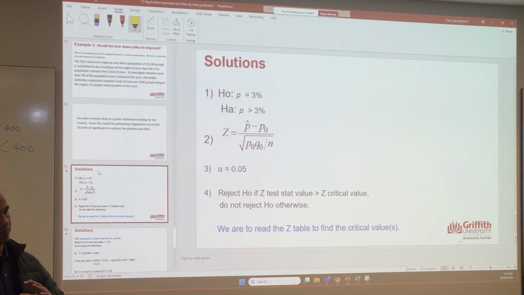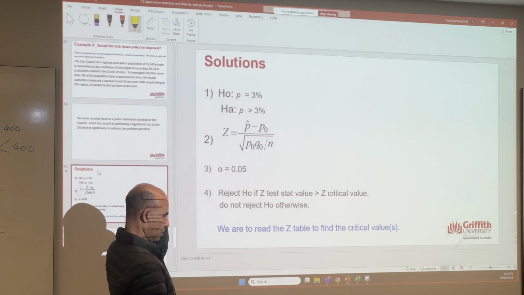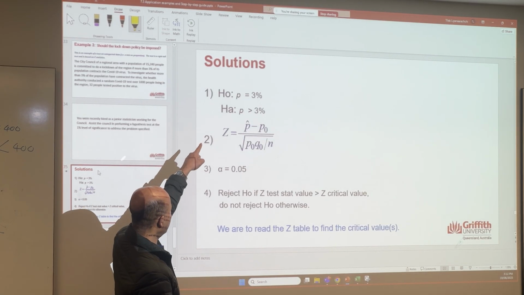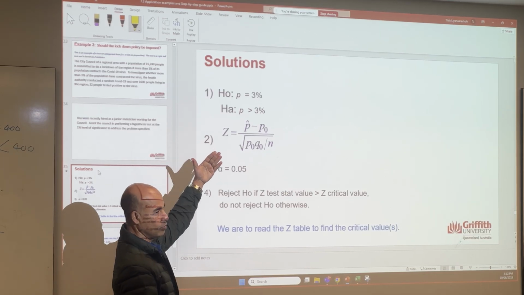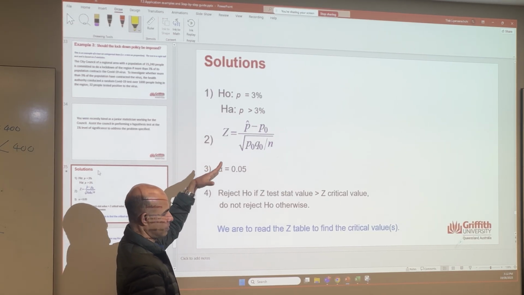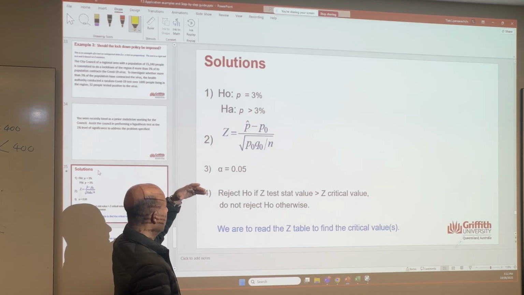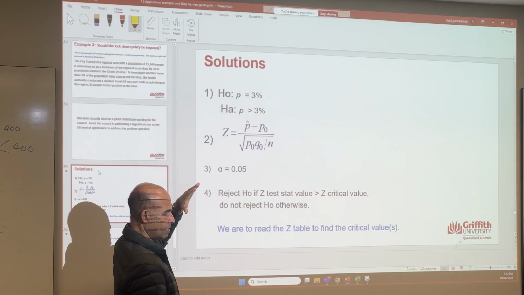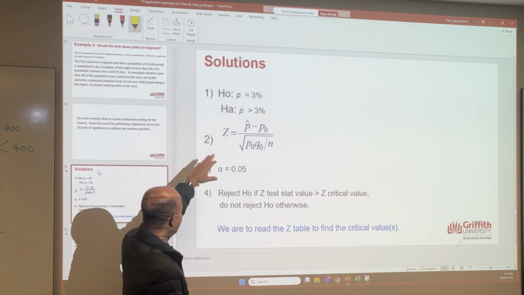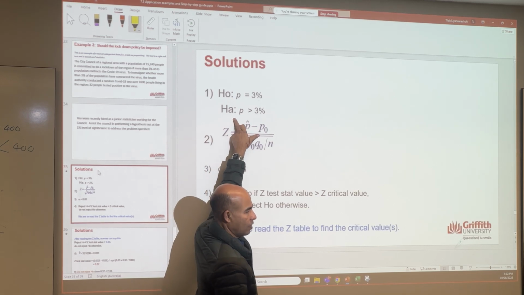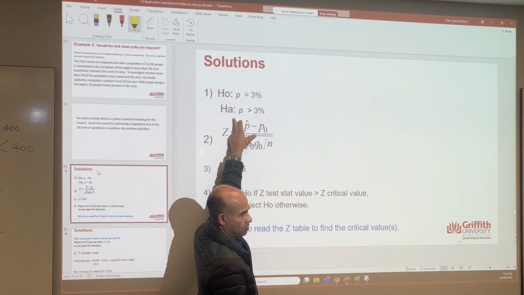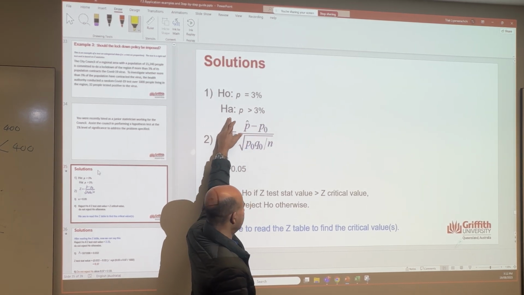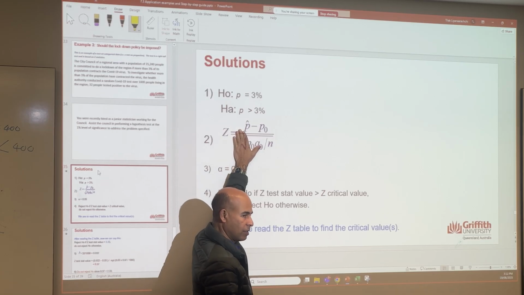So therefore this is called proportion. Now the assumed or hypothesis value is 3%. They will go for a lockdown if it is more than 3%. So therefore we have this one as bigger than 3%. That's the alternative. And then you have to calculate the Z value.